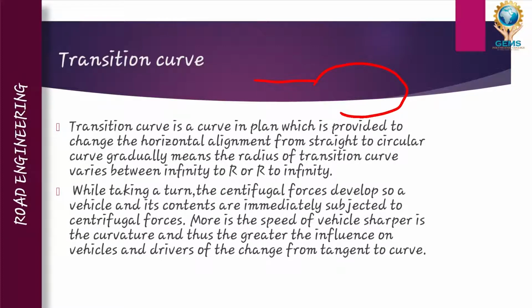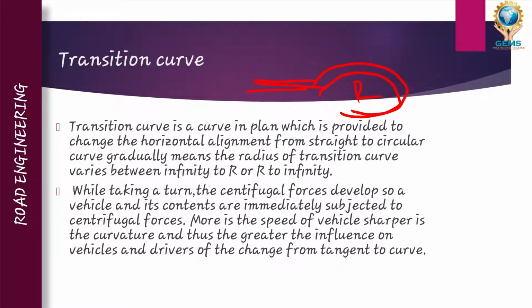So a transition curve provides a gradual change in horizontal alignment from a straight to a circular curve, with the radius varying from radius to infinity or infinity to radius. That is the transition curve.